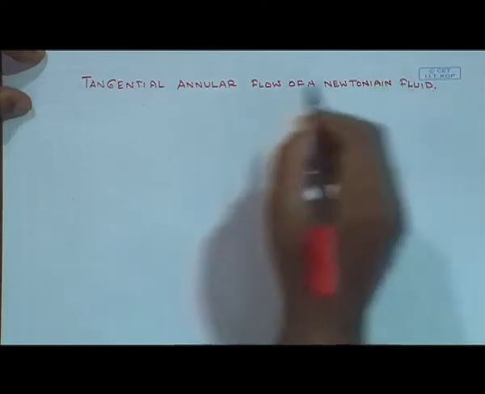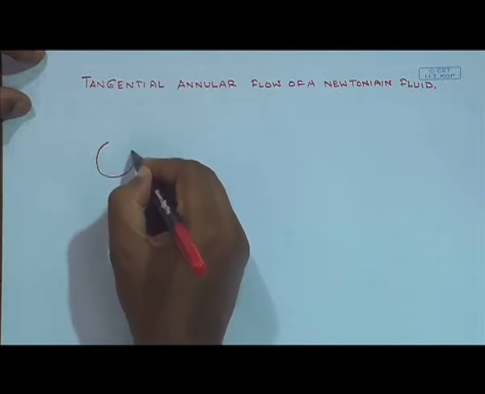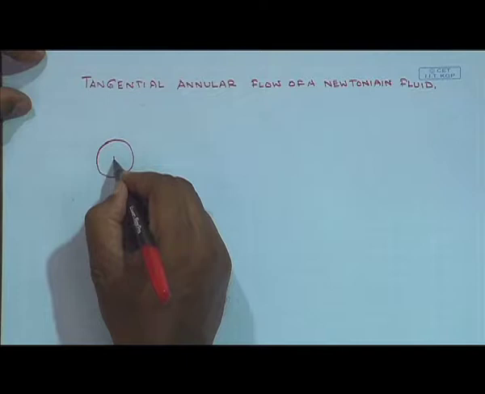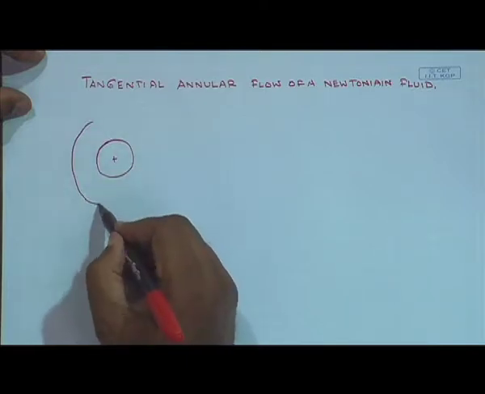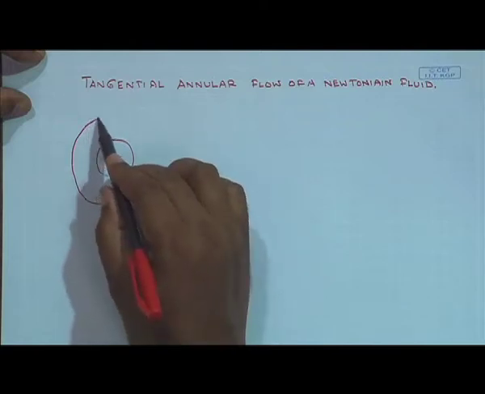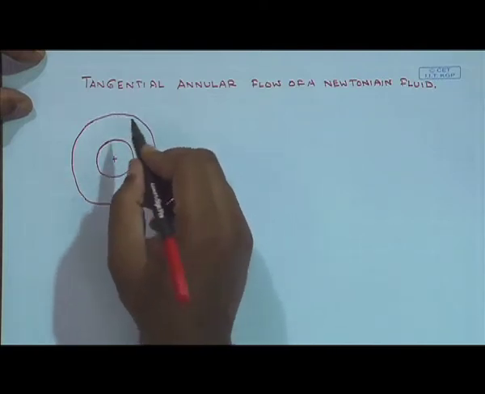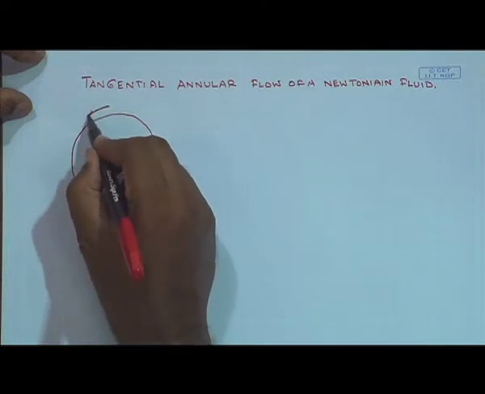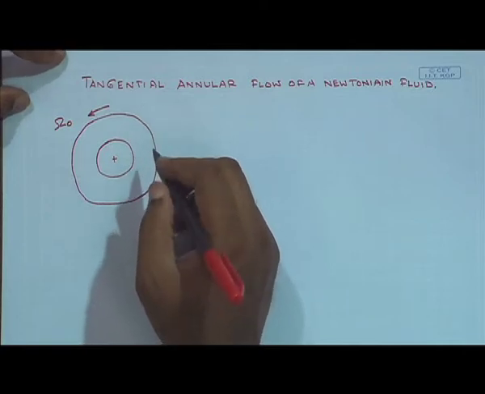And the system in which this annular flow takes place is in between two cylinders, and I am looking at the top, and this one is moving with an angular velocity equal to omega naught.